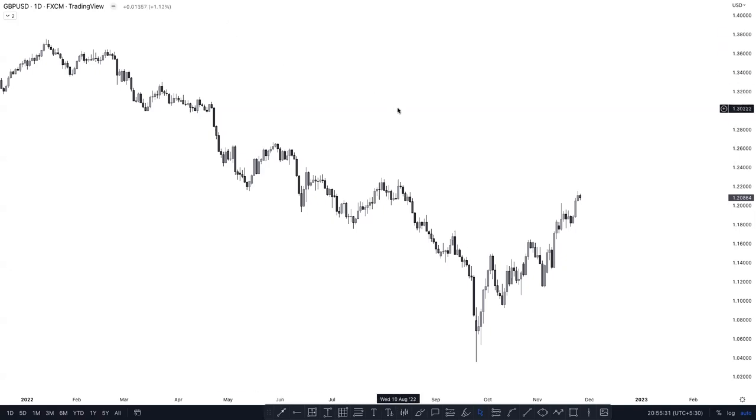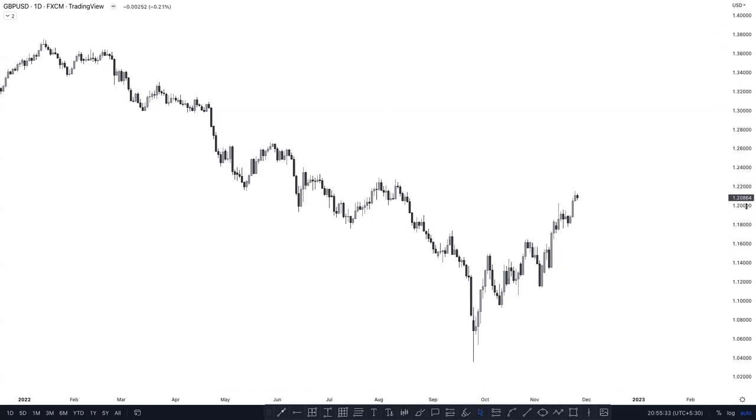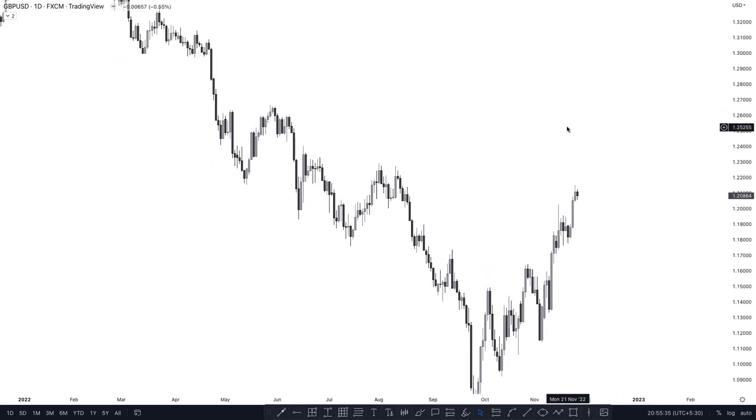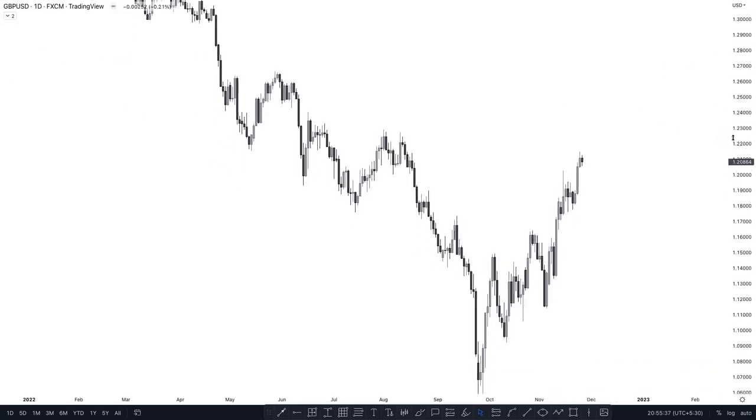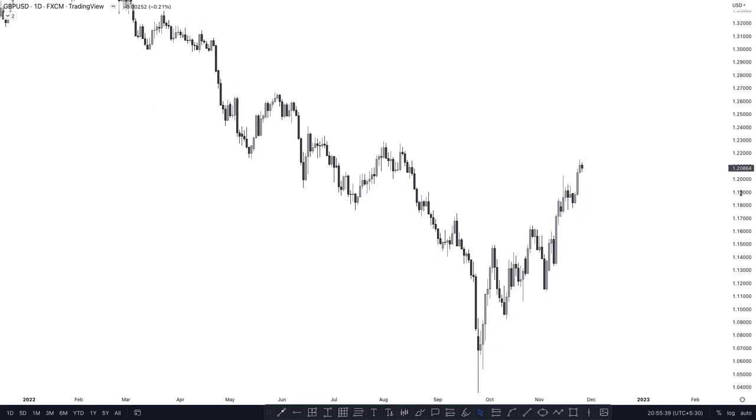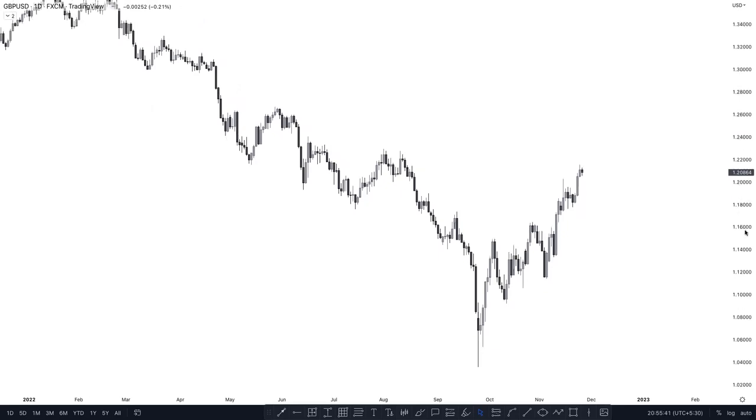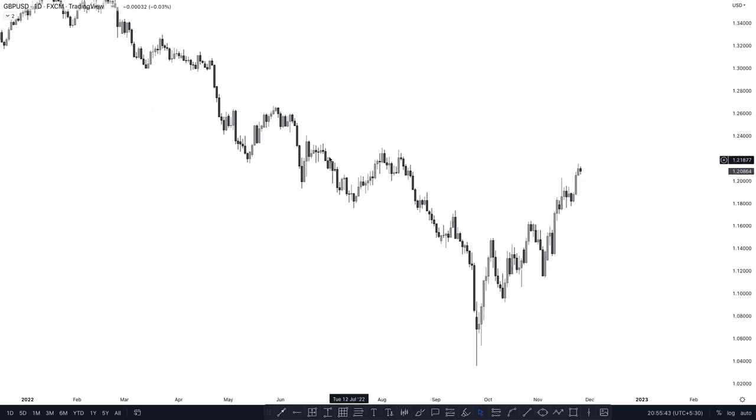So right now, this is our JPUSD chart in the daily time frame, and the daily time frame picture is also bearish right now, and the market has not shifted any structure here. If you can see, these are our actual structure: lower low, lower high, again push downside, new structure here.